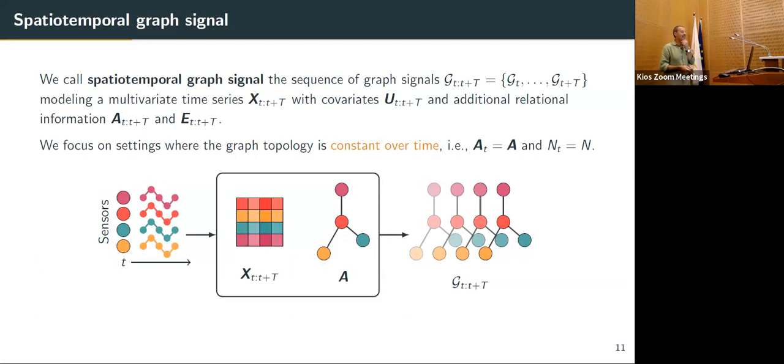Okay. So let's again try to get the picture of what we have. We have sensors. They are identified, which means they have a color, sensor number 1, sensor number 5. They generate over time a time series.